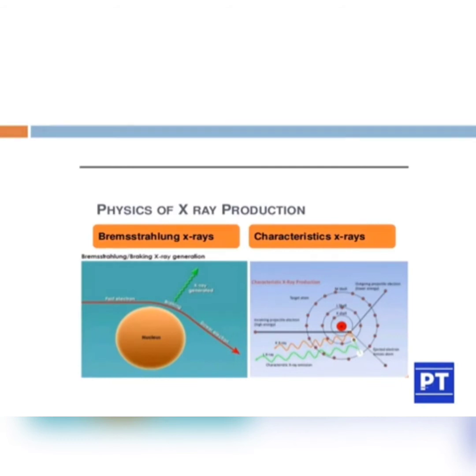In one figure you can see a center nucleus and a fast electron coming, attracted towards the nucleus. Then it changes direction and goes some distance. When it changes direction, it loses energy, and this energy is released as X-rays.